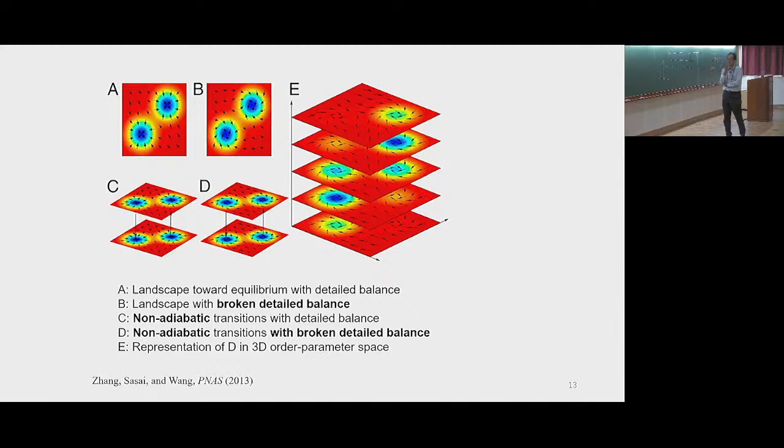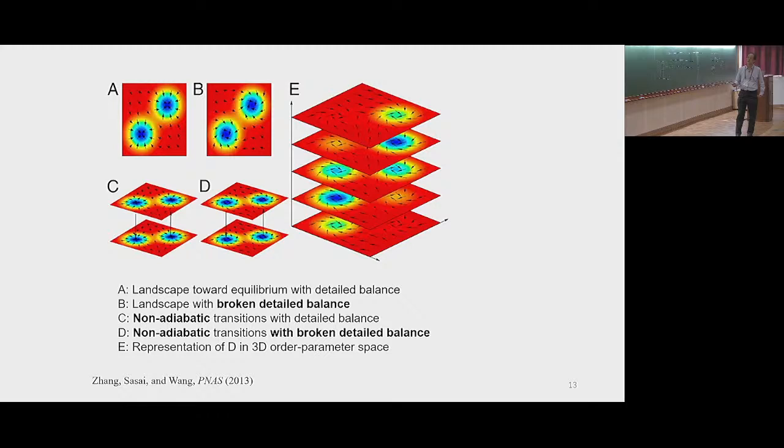And one way to describe the non-adiabatic gene expression system is the addition of the new degree of freedom. I mean, this case is an equilibrium system.